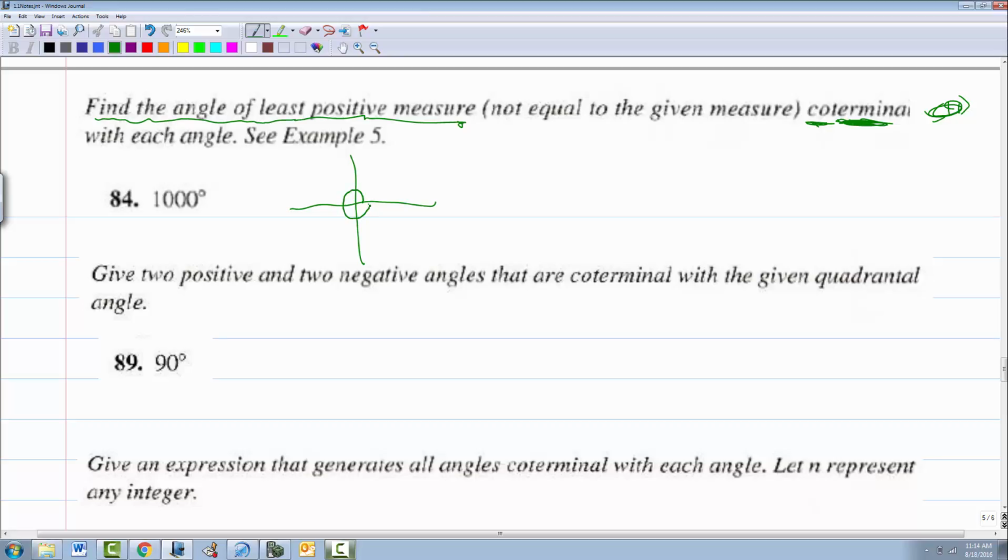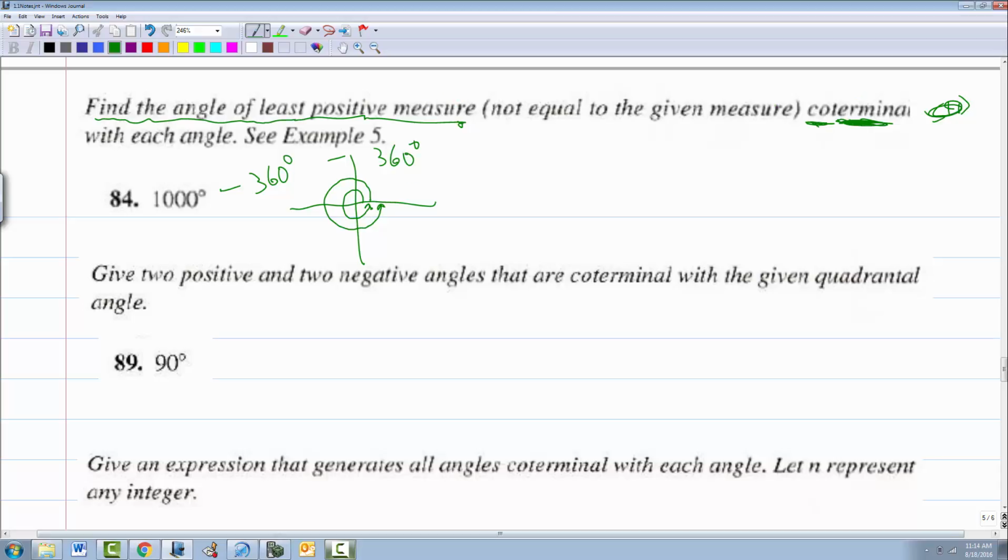What's that angle measure? 360. What's this angle measure? 360 plus 360, which is 720. So what you simply have to do is subtract 360s out of this so that you can figure out the least positive measure that is coterminal to this.